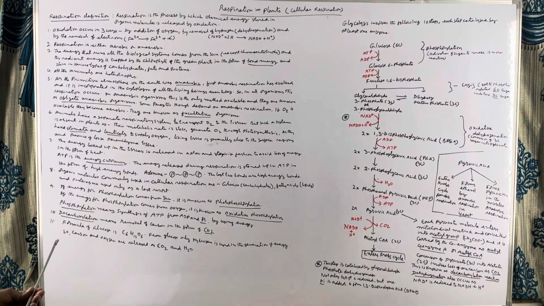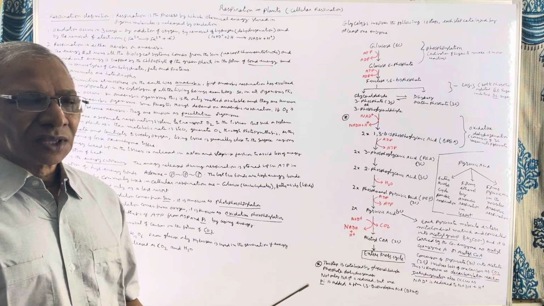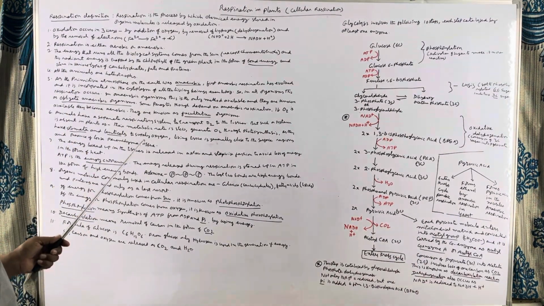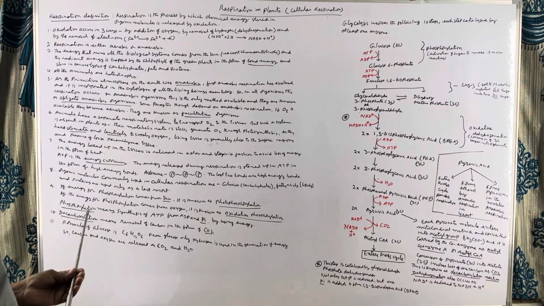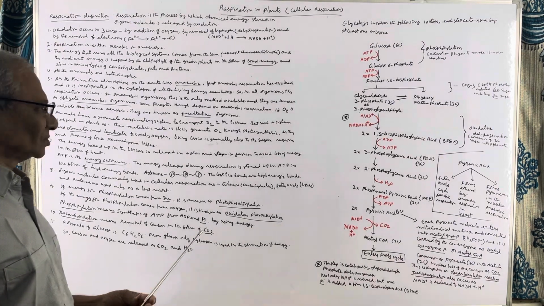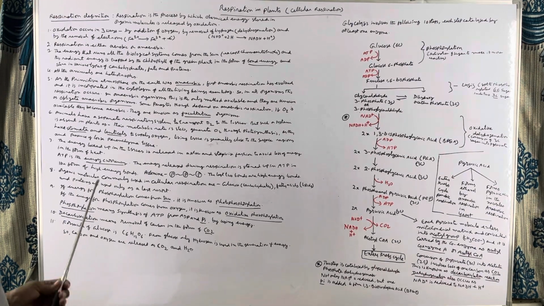Then, coming again to living beings, some are anaerobic, and these are either obligate anaerobic organisms or facultative anaerobic organisms. Obligate anaerobic organisms always depend on glycolysis only. Only anaerobic respiration occurs in them.